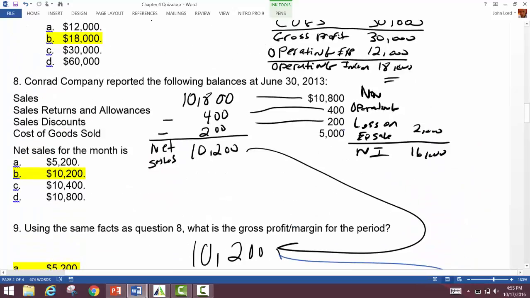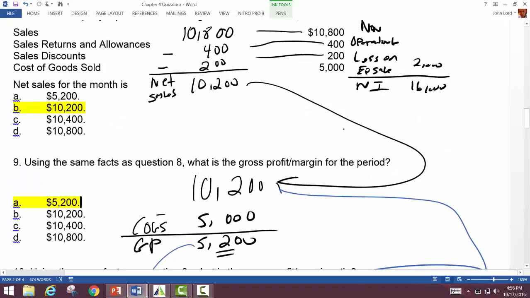Number 8, you mean, or number 9? Right there. So I've got my sales minus my returns minus my discounts gives me net sales.